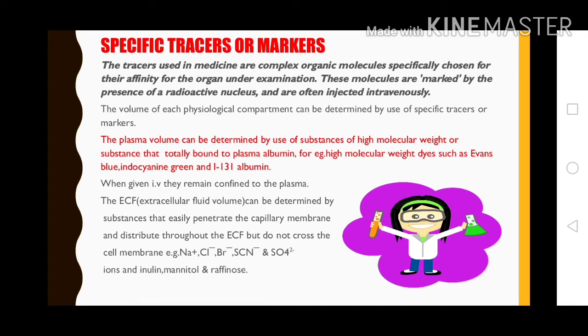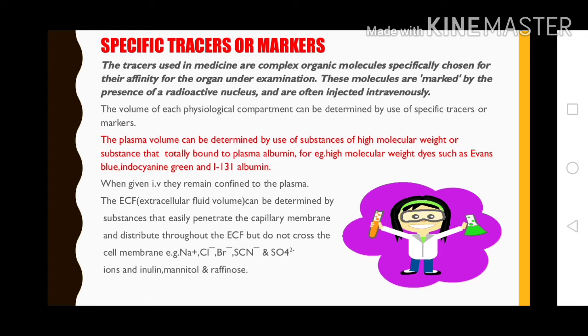Now our next topic is specific tracers or markers. Tracers are used in the medical field quite a lot. They are used in medicines, and they are complex organic molecules specifically chosen for affinity to the organ under examination.